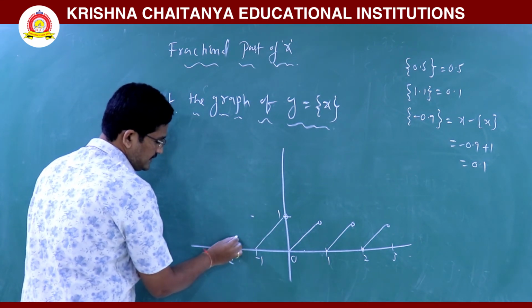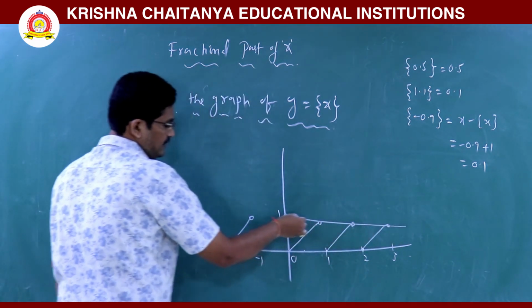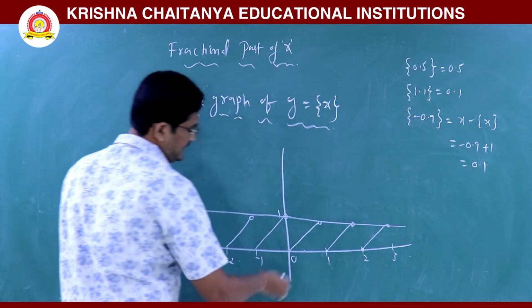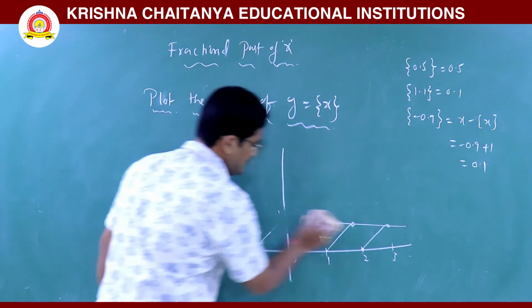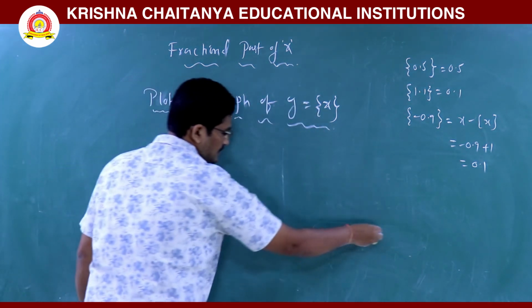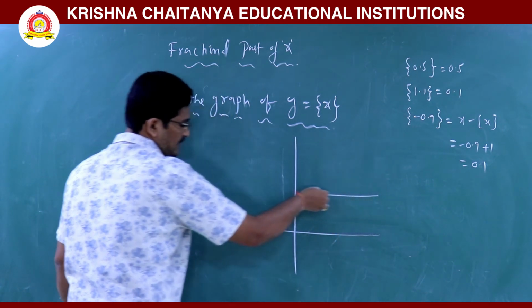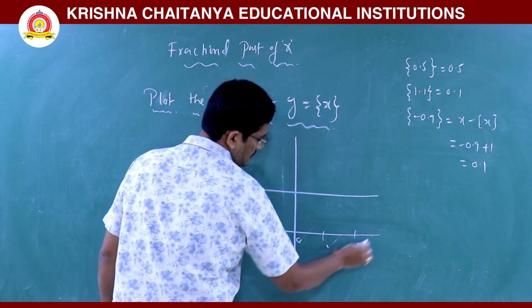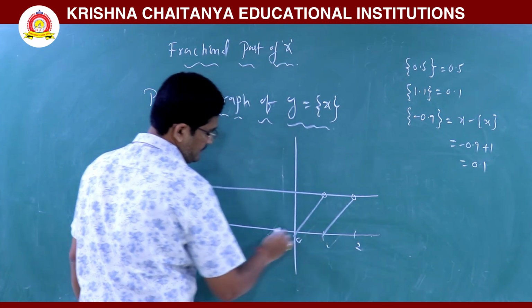So you have to repeat the graph between any two integers. The graphs should be like this: 0, 1, 2.